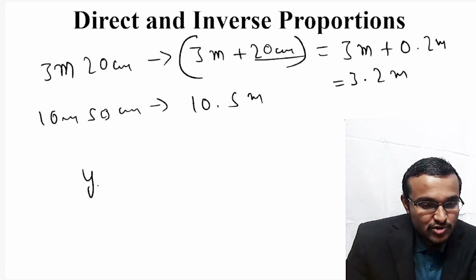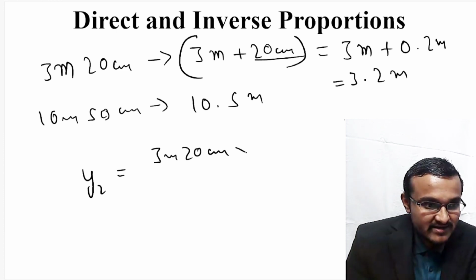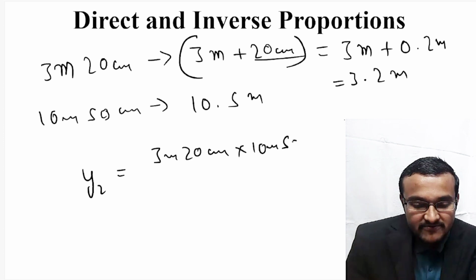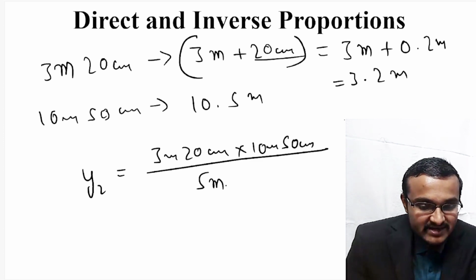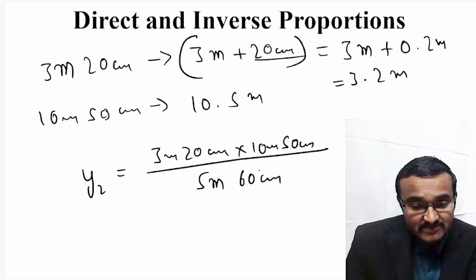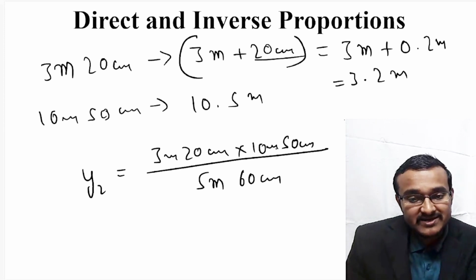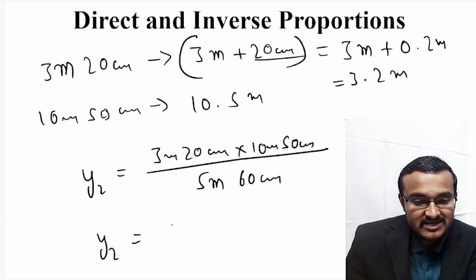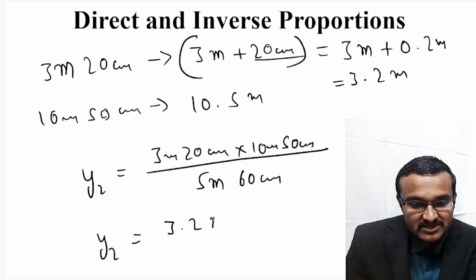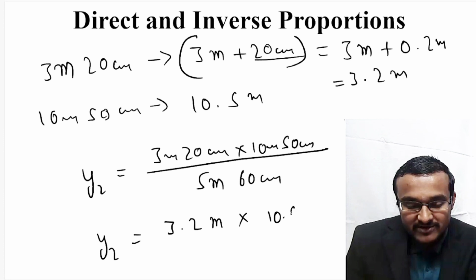So here we got that y2 is equal to 3 meter 20 centimeter into 10 meter 50 centimeter whole divided by 5 meter into 5 meter 60 centimeter. Now you can substitute the values. 3 meter 20 centimeter means it is actually 3.2 meter into 10.5 meter.